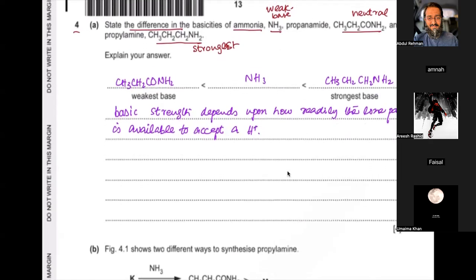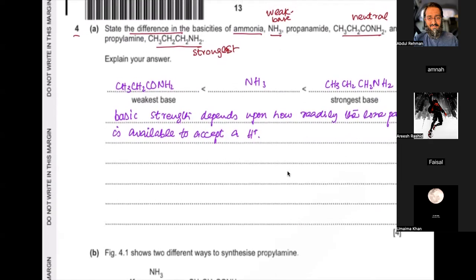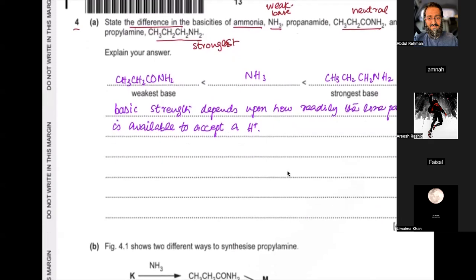So we can start with propylamine. And if I use its shorthand form, it is going to be C3H7NH2, most basic due to alkyl groups' electron donating nature. Just give me 1 minute, please, everyone.